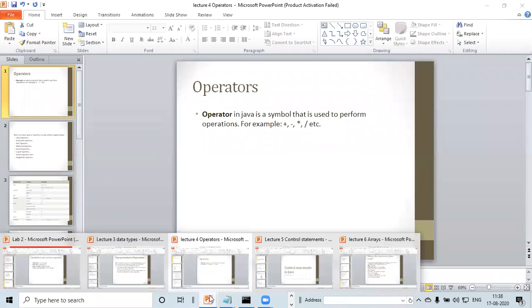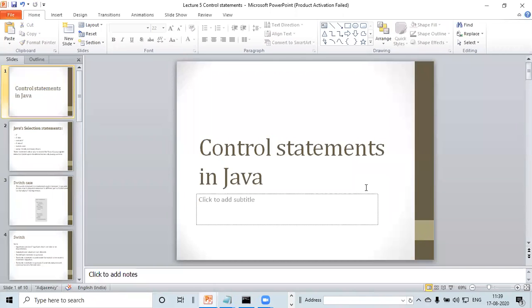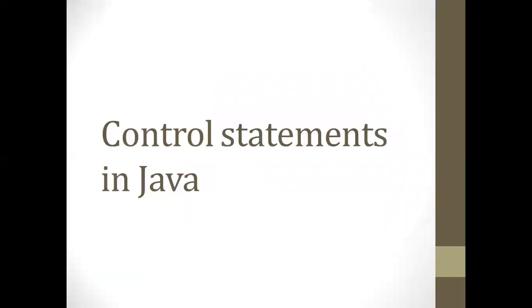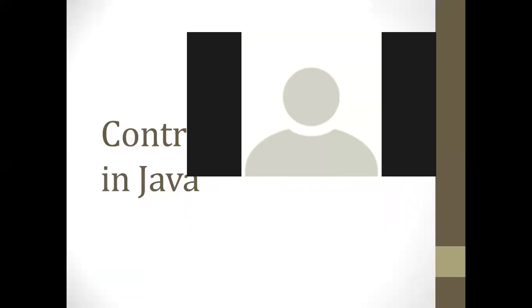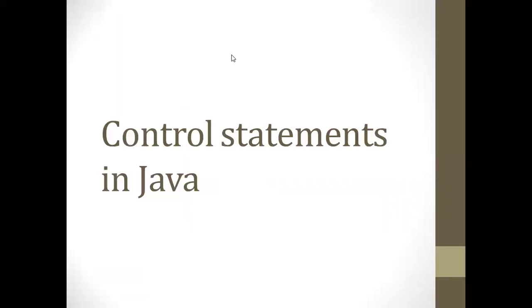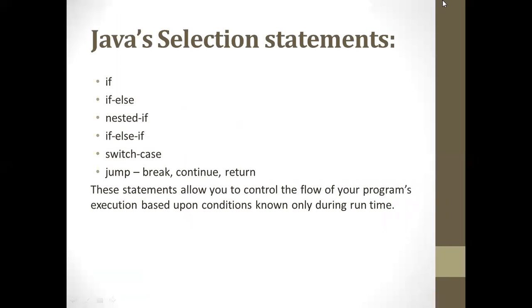Now we have the next structure, that is control statements in Java. So what is a control statement? This is also one of the things that you have done in your previous languages also. Now, what is this control statement? A control statement is basically one in which you control a particular execution.